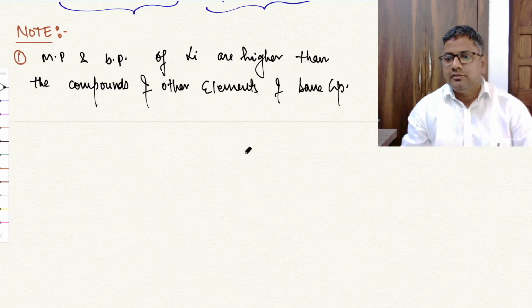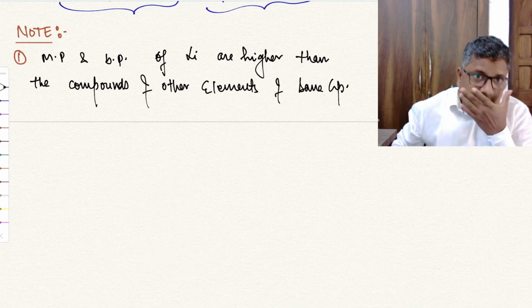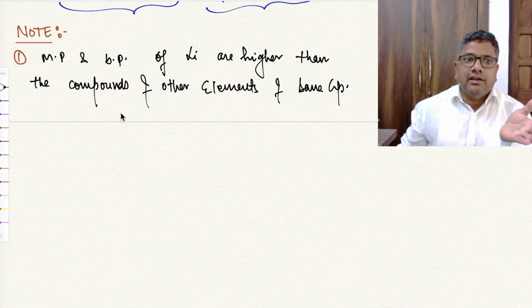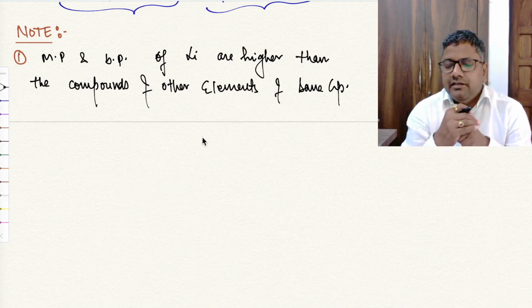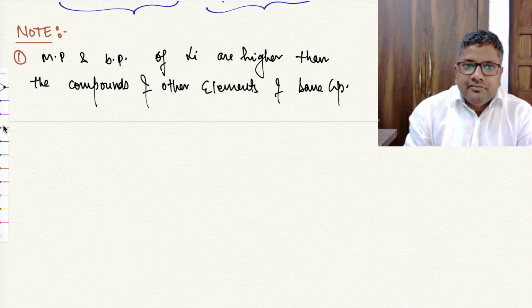So in the same group, if you compare the melting point and boiling point, you will find that for lithium compounds it is higher than sodium, potassium and other element compounds.